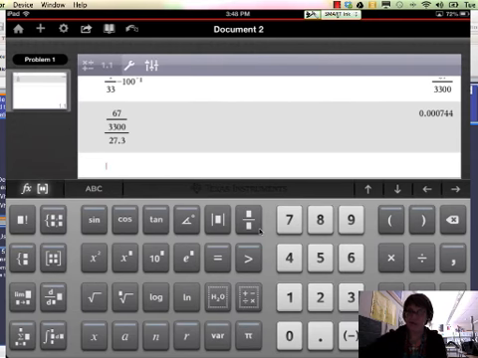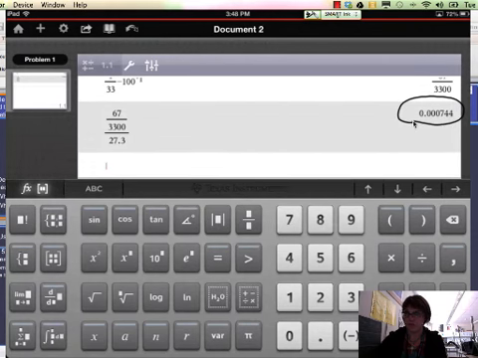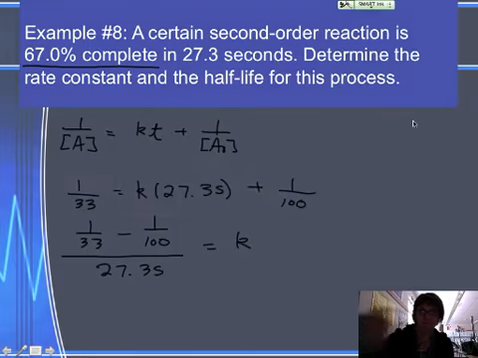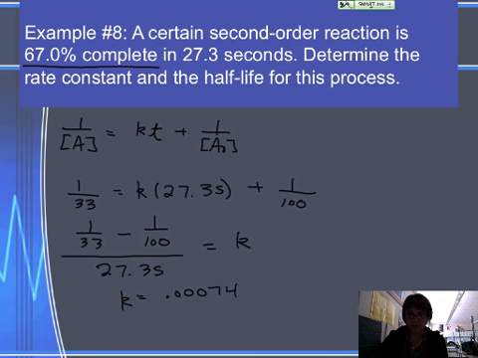So my rate law constant turns out to be 0.000744. K equals 0.000744 per second.